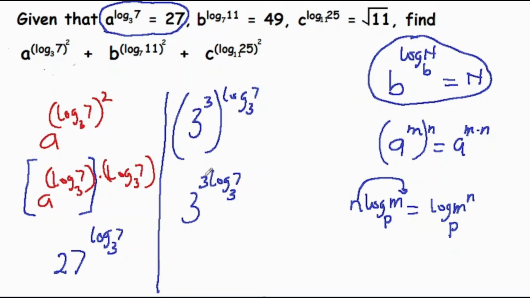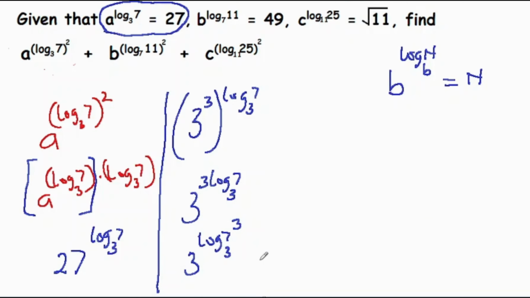So the 3 here now will come up on 7, and you're going to have 3 raised to power log 7 raised to power 3, which is actually 343, base 3.